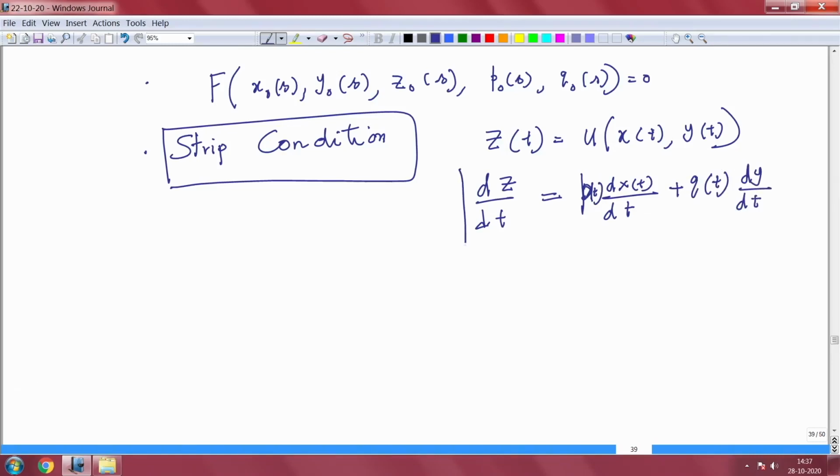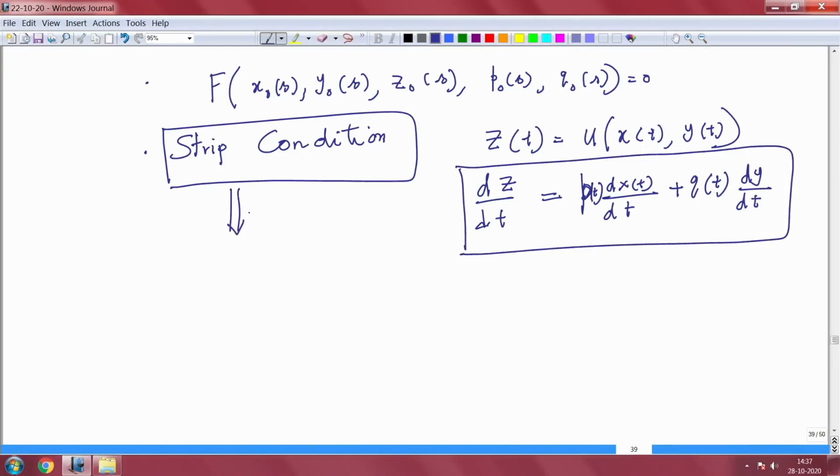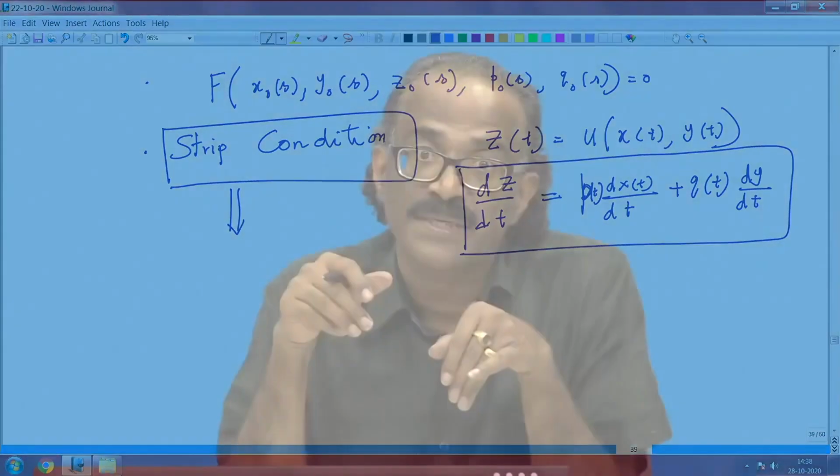This strip condition is satisfied not only along the characteristic curve, it also satisfies the initial curve. So you will get one more condition for your initial p naught of s, q naught of s.